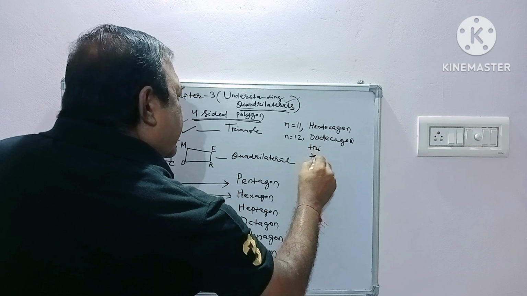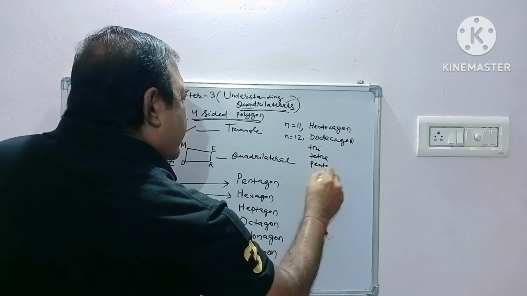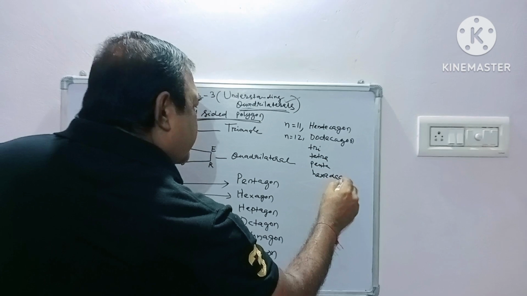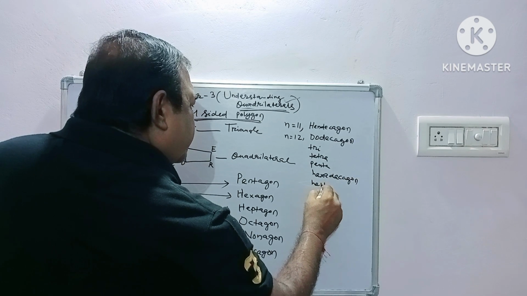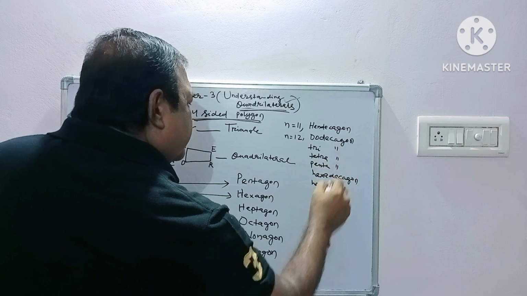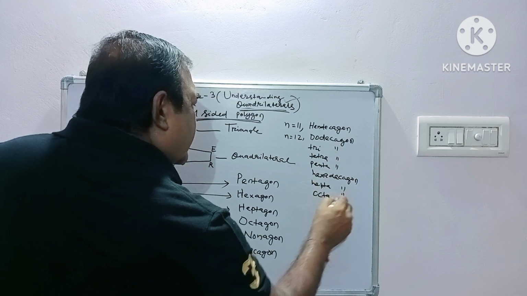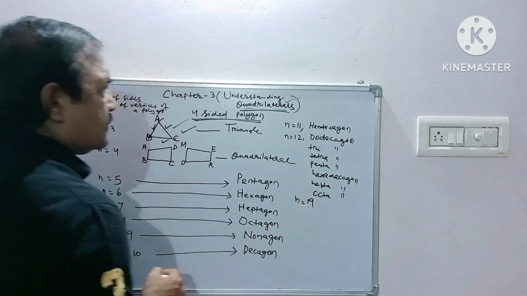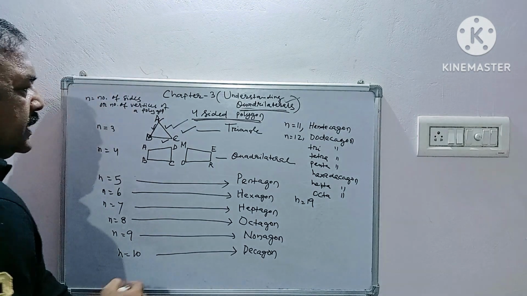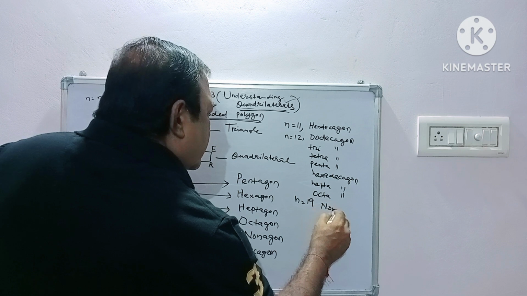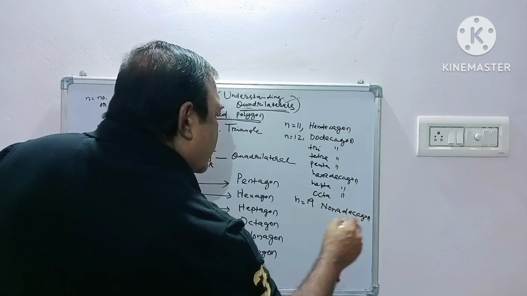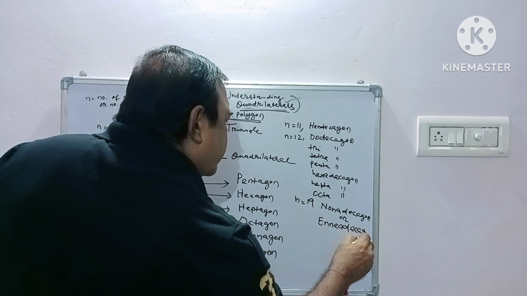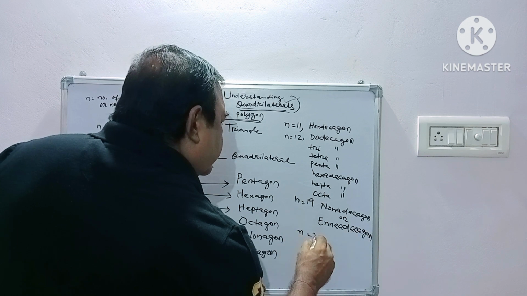Then for 13 tridecagon, tetradecagon, pentadecagon, hexadecagon, heptadecagon, octadecagon, and for 19 you may tell nonadecagon or enneadecagon, and for 20, what will you tell?